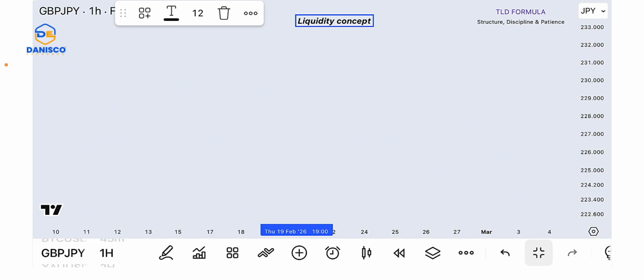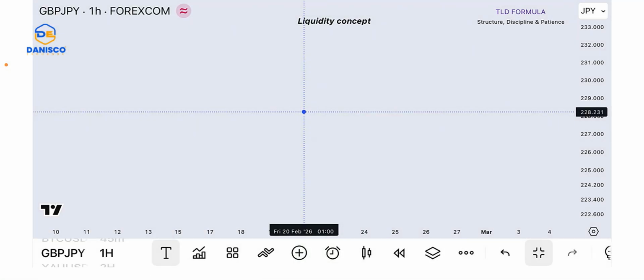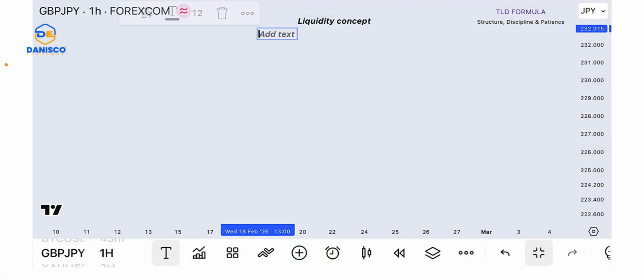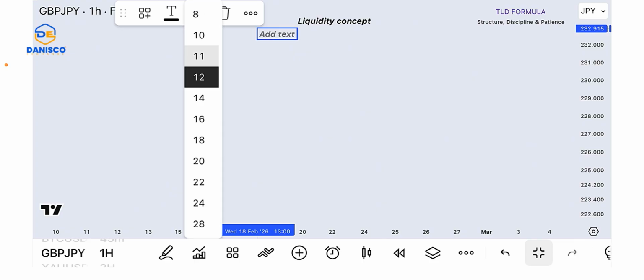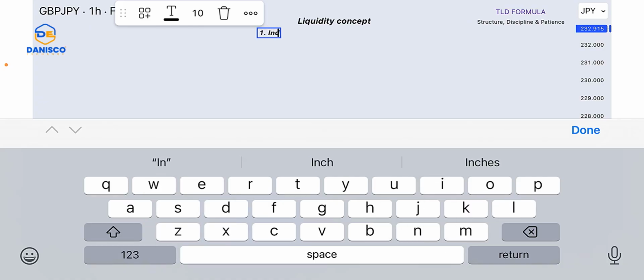We define it with the types of liquidity we have. You should know we have three types of liquidity we likely consider when treating this topic, which are as follows. Number one, we look at inducement liquidity.